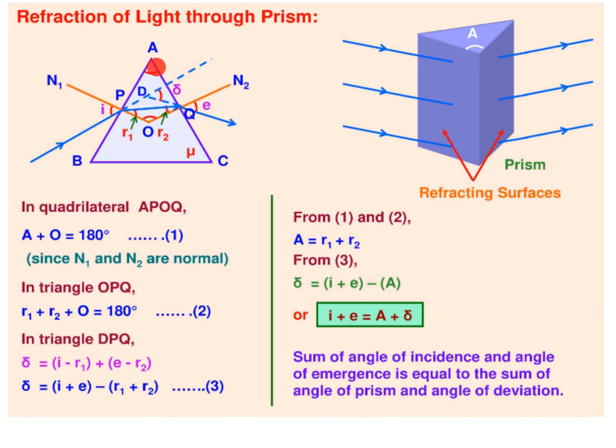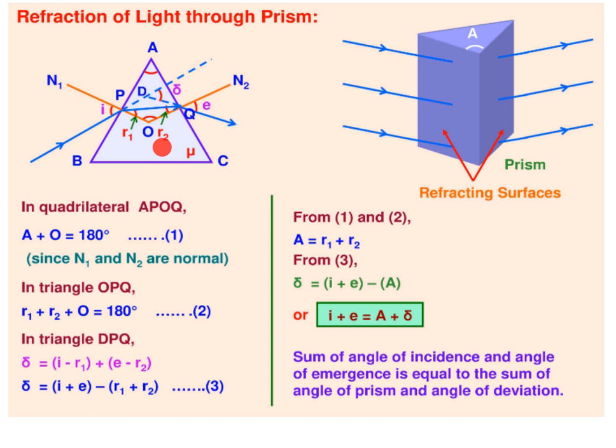Therefore, angle A plus angle O is equal to 180 degrees.